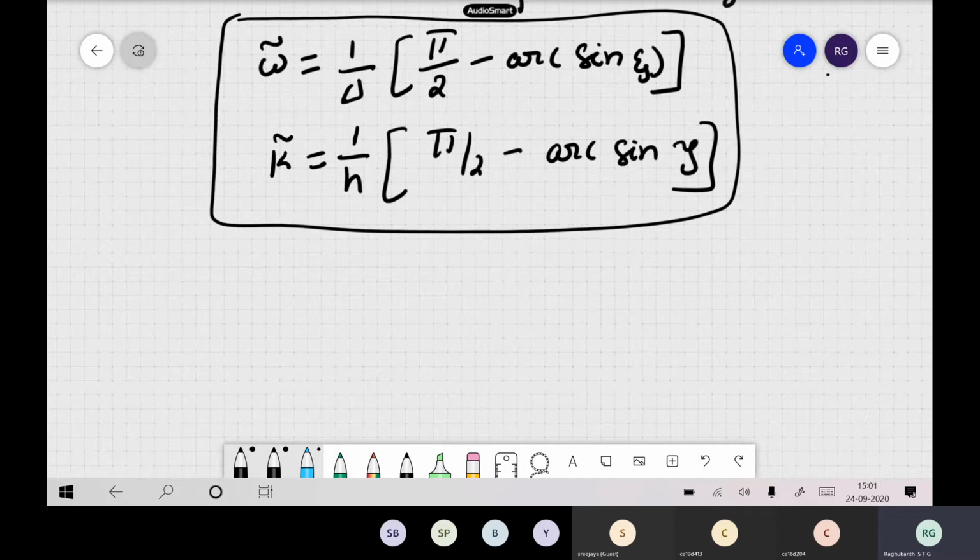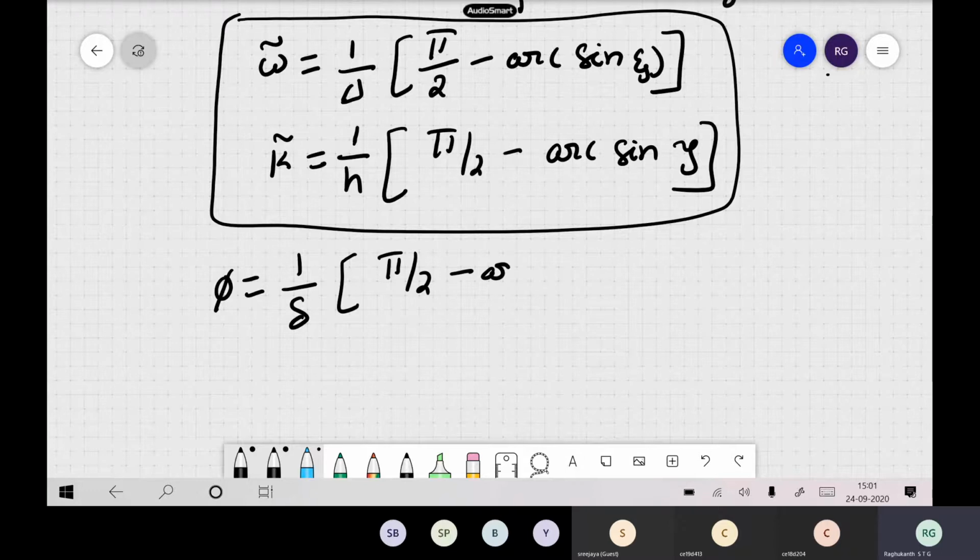Finally, we wrote both these equations in this type of format: 1 by delta, pi by 2 minus arc sine psi. Then we examined this relation.